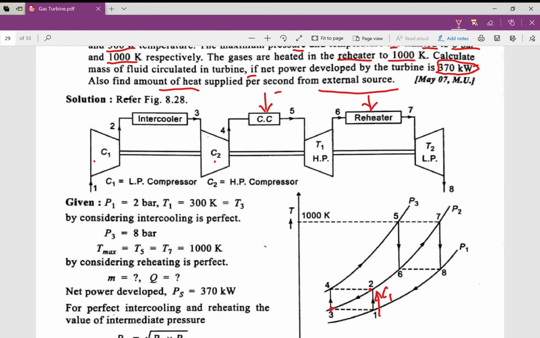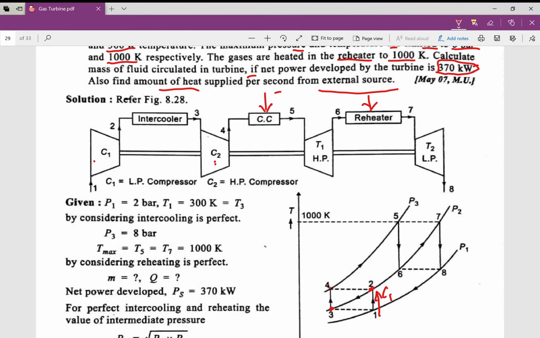And then it goes to compressor number 2, here C2, and then it compresses to the same pressure value. This is occurring due to perfect intercooling. Henceforth, due to this perfect intercooling, T2 is equal to T4. This is clear.